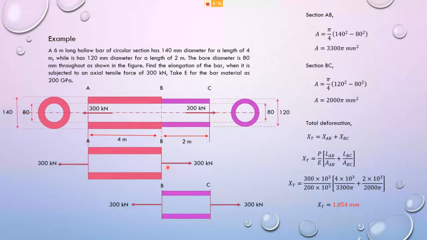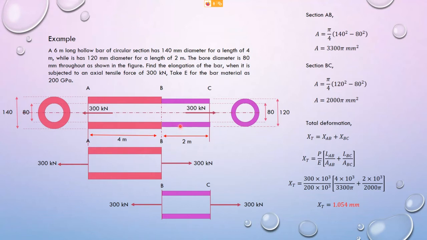At section B, I have to consider 300 kilonewton. This arrow here must be opposite in direction to this, and it must be equal in magnitude, 300 also. So in order to make this part be in equilibrium, 300, 300, a state of balance.